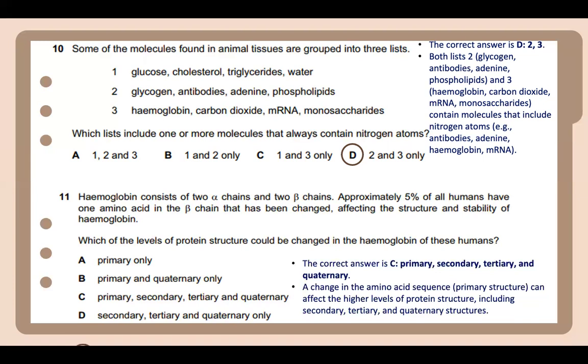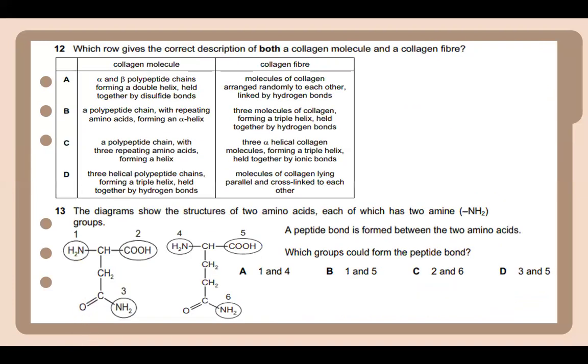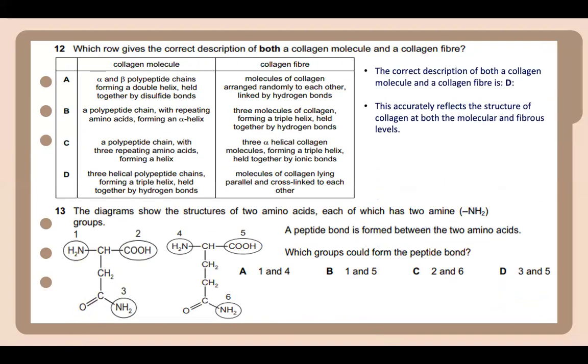and quaternary structure. Which gives the correct description of both a collagen molecule and a collagen fiber? The correct description is that a collagen molecule is a 3 helical polypeptide chain forming a triple helix held together by hydrogen bonds, and a collagen fiber is collagen molecules lying parallel and cross-linked to each other.